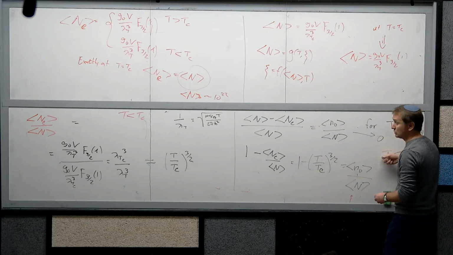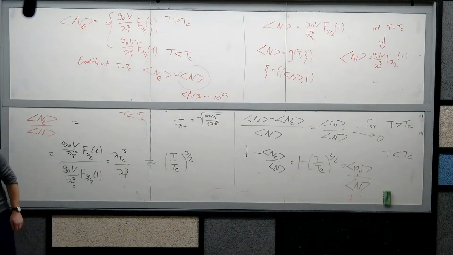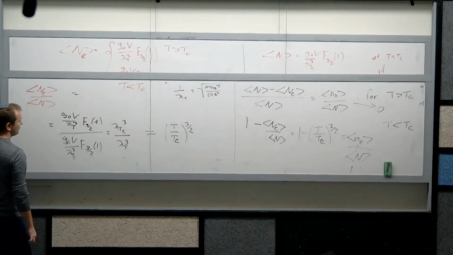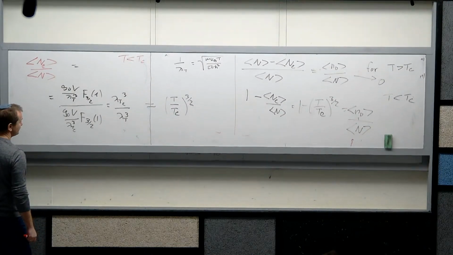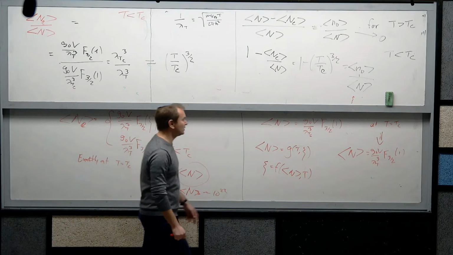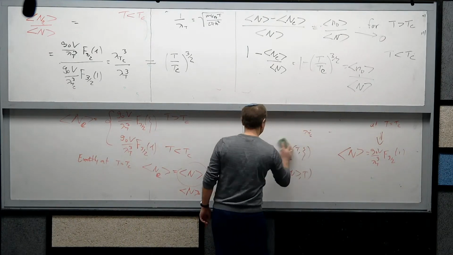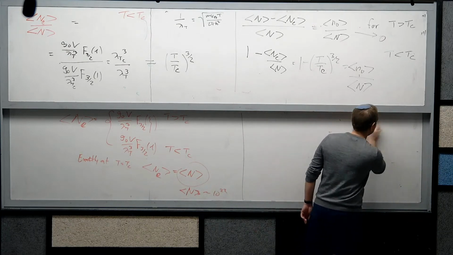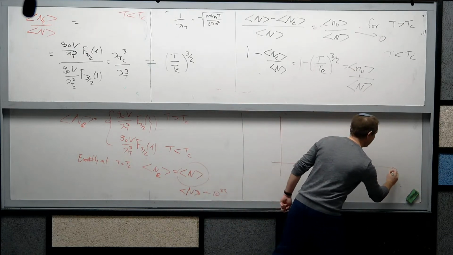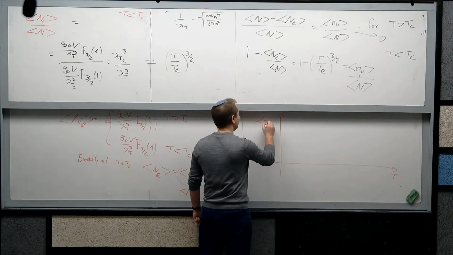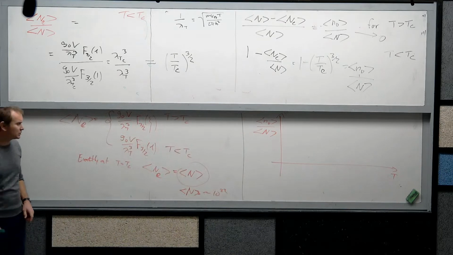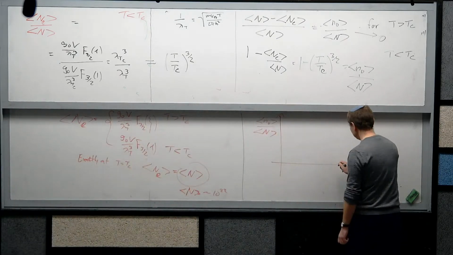So let's plot this function. This is why it's also called a critical transition. If we plot, as a function of temperature, N0 divided by the total number of particles, we know that there is a critical temperature where something starts to happen.